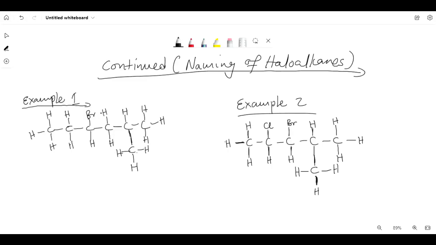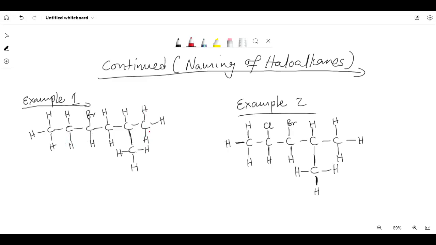First things first, we can see that this is a haloalkane. So this is an alkane, and it has a substituent of a halogen. Let me take my favorite color, which is red.